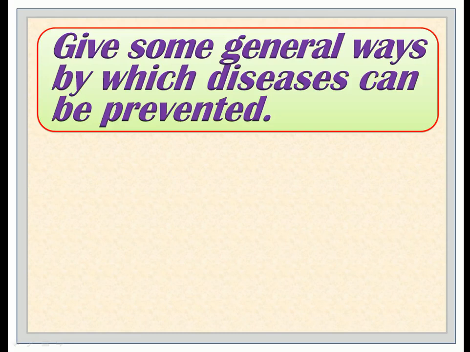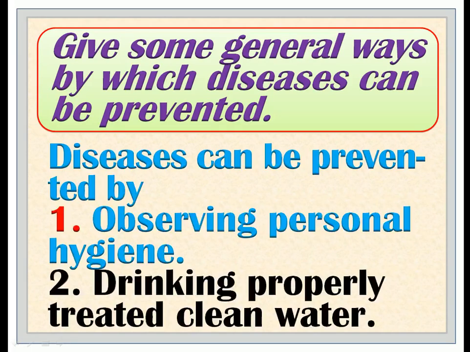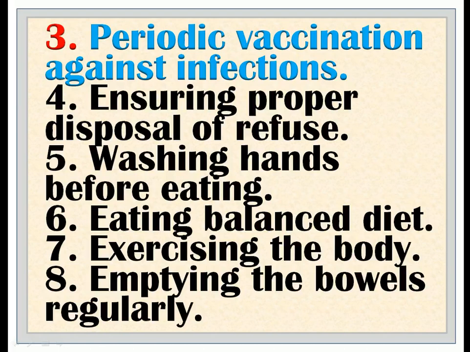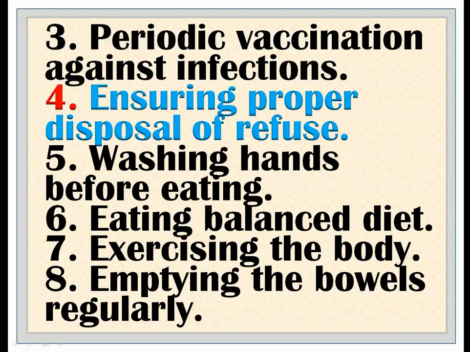Give some general ways by which diseases can be prevented. Diseases can be prevented by: 1. Observing personal hygiene. 2. Drinking properly treated clean water. 3. Periodic vaccination against infections. 4.